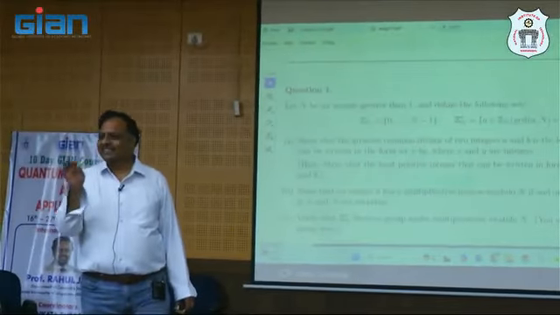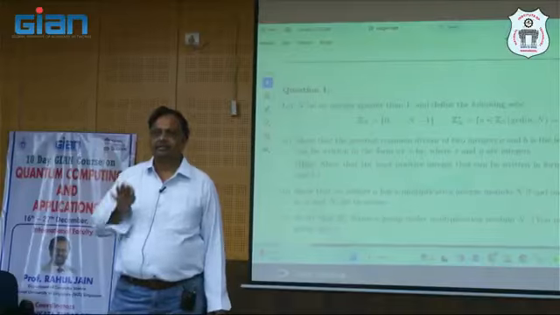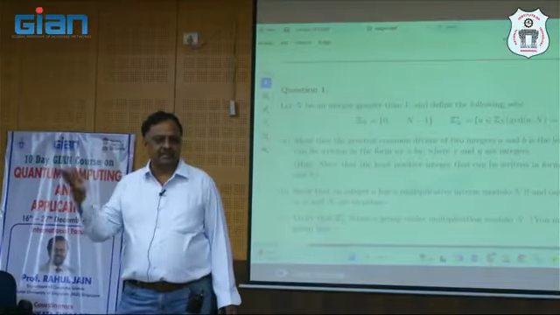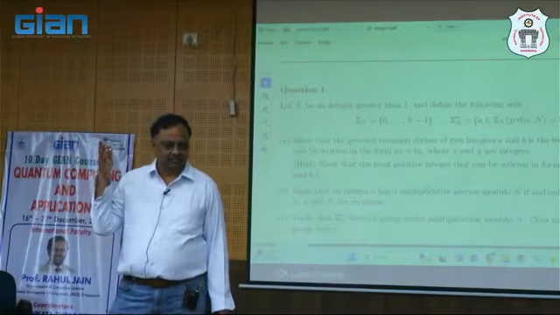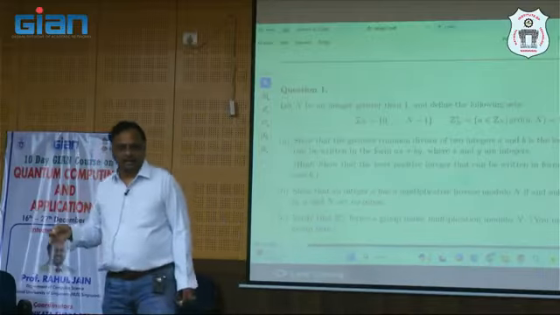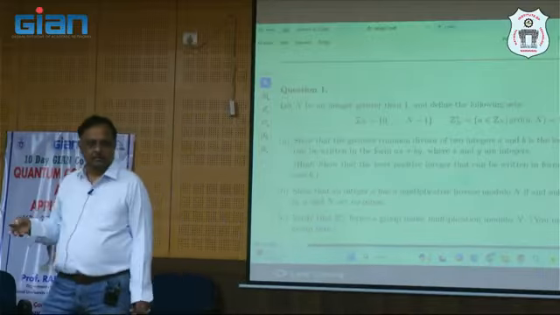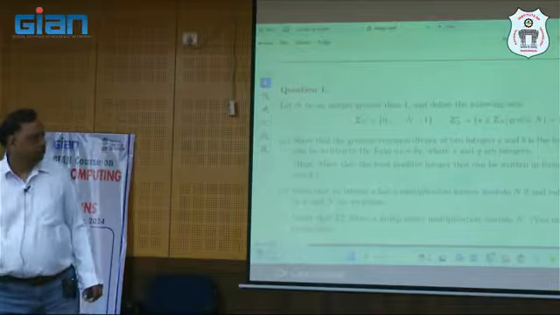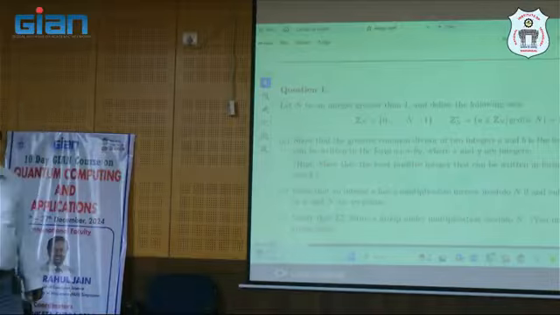So x becomes the multiplicative inverse. A times x is 1 mod n, correct. So x is now the multiplicative inverse.